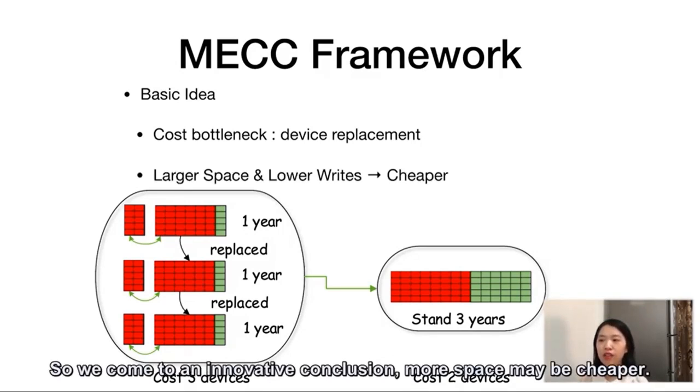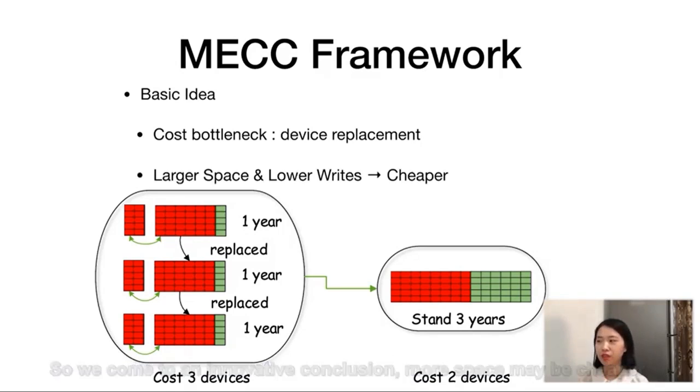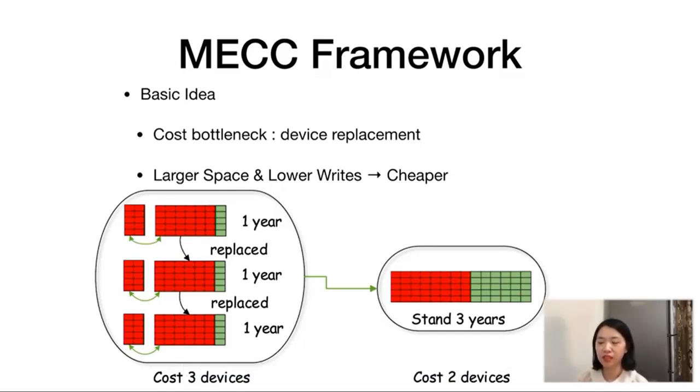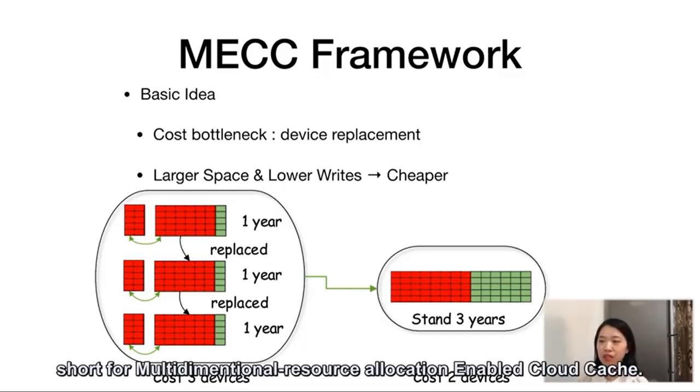So we come to an innovative conclusion. More space may be cheaper. If we have a larger space with lower writes, it can satisfy SLA and also reduce cost. And this is the basic idea of MECC, short for Multi-Dimensional Resource Allocation Enabled Cloud Cache.